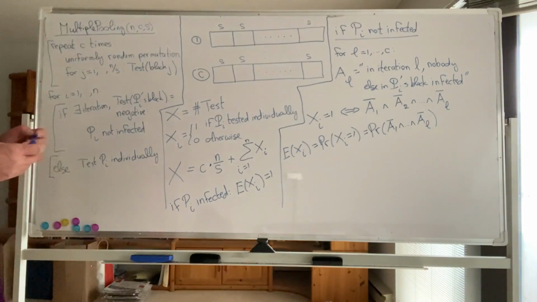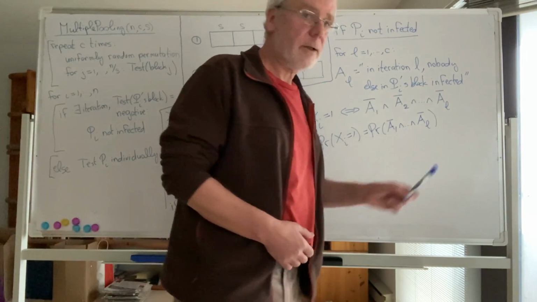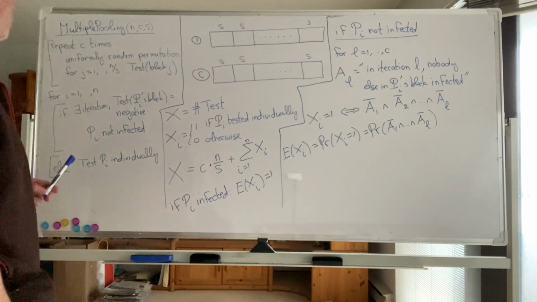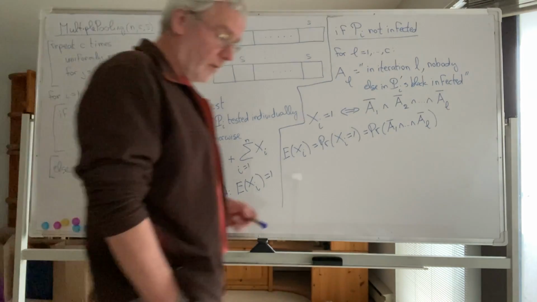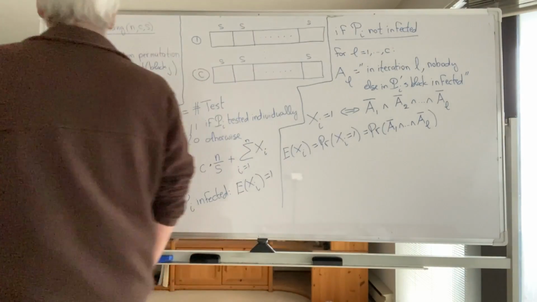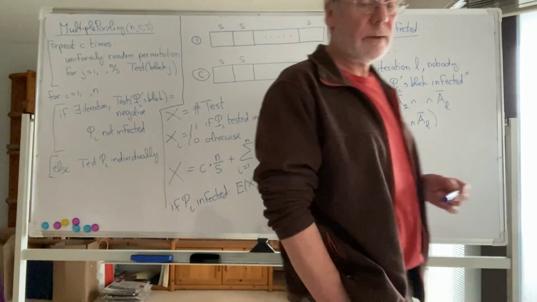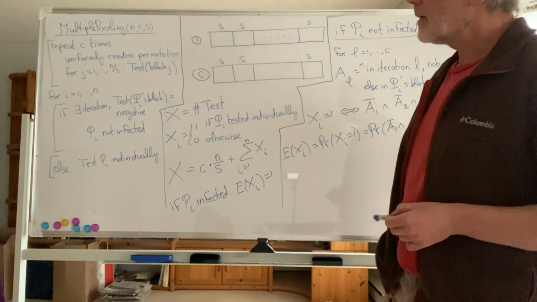Okay, so now we see events that are connected by logical ends, which corresponds to intersections. Now I didn't write this down here, but when I say repeat the following C times, we take a uniformly random permutation. That means if we do this a second time, the random permutation does not depend on the previous permutation.